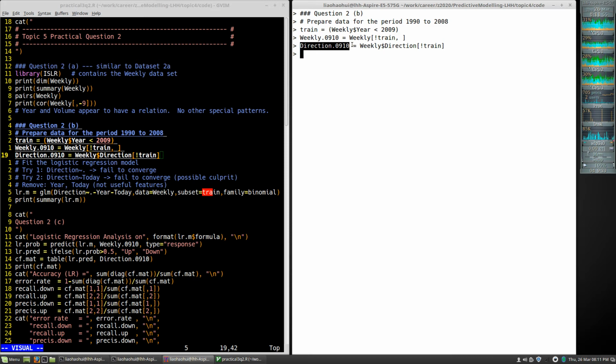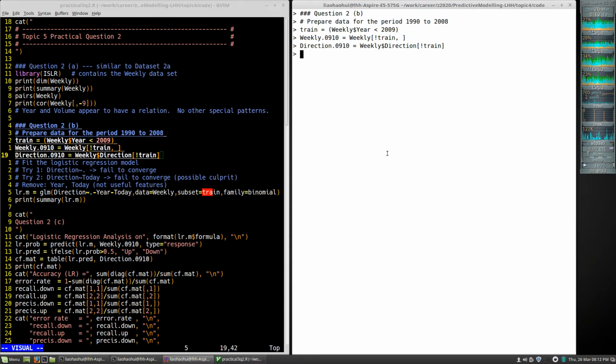Sorry, this is the testing data, or validation data. The X portion, Direction.0910, is the validation data, and this is the Y.